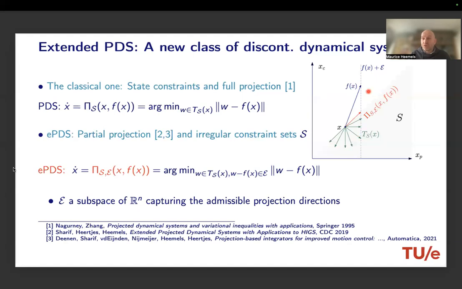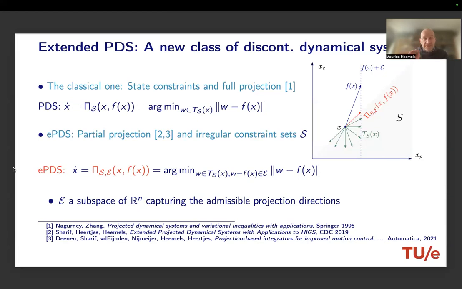But since not all directions are free, we cannot project as we did before in all directions, we have the restriction that the projection should lie on this shifted subspace, right? Because we only can change x_c. So basically, in this case, we have this as the partially projected dynamics, which is clearly different than in case we would allow full projection.